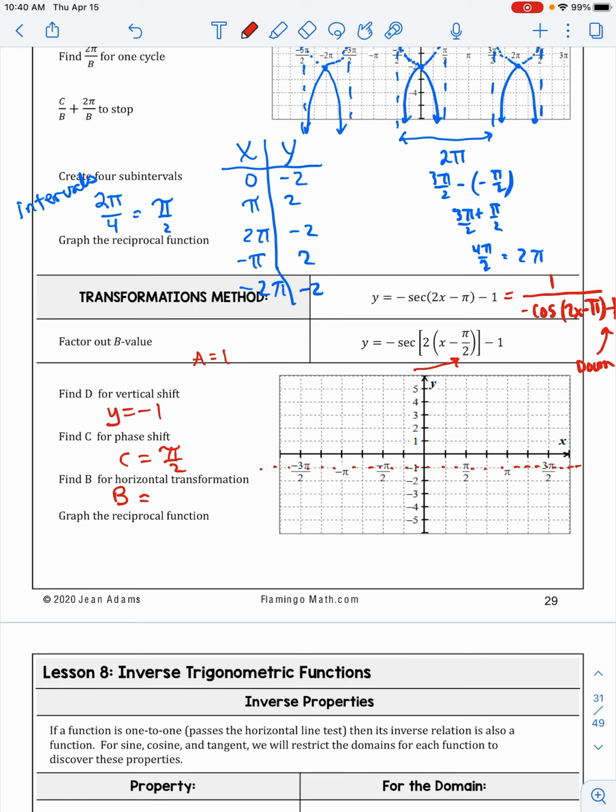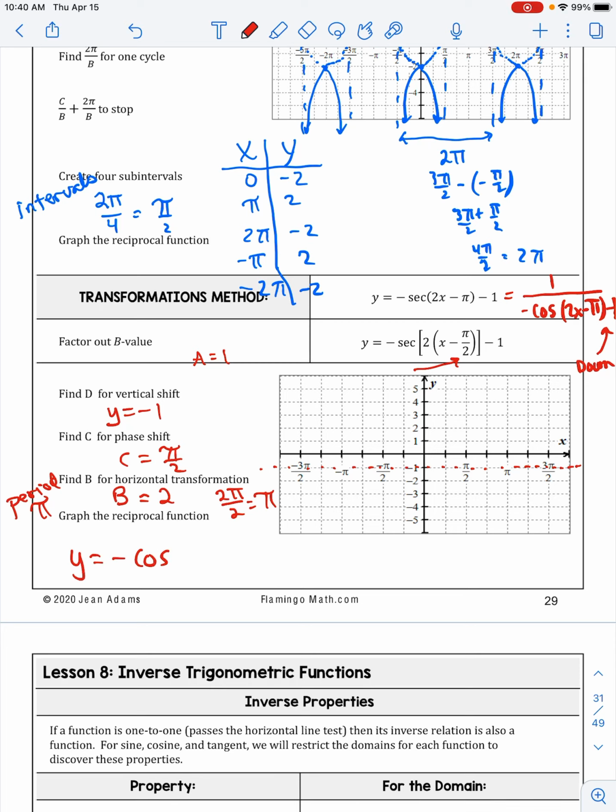Your horizontal transformation is 2, so you take 2 pi over 2, because it's 2 pi divided by b, so your period is pi. It completes a cycle in pi radians.